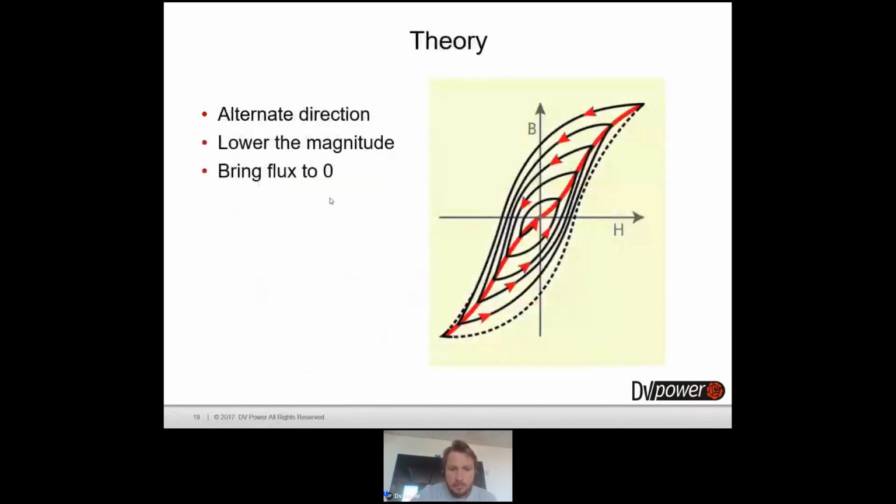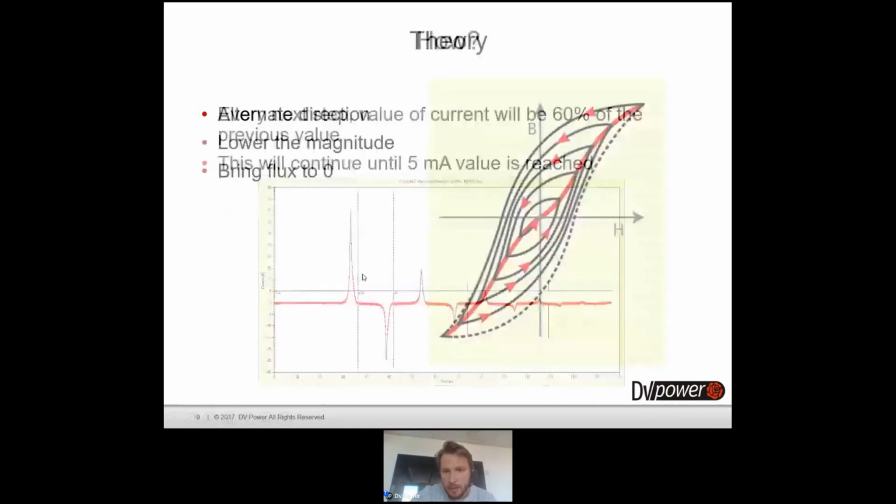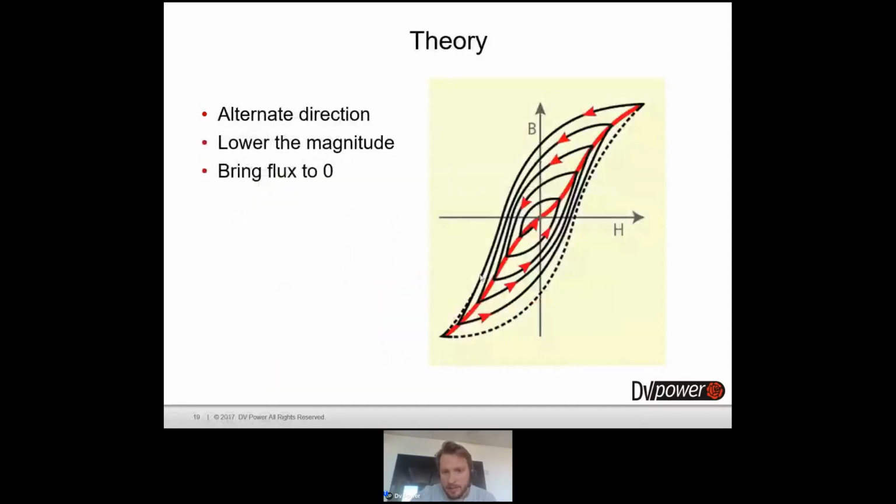What is happening here is that when we decrease the current in each step and change polarity in each step, we are decreasing the surface of the hysteresis loop of our transformer, bringing remnant flux down to close to zero.